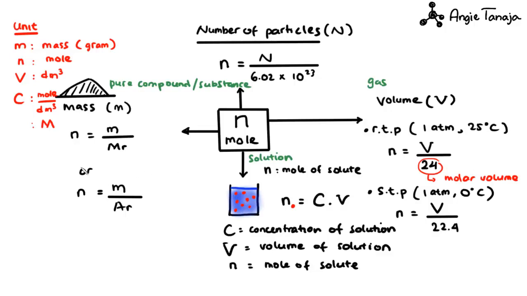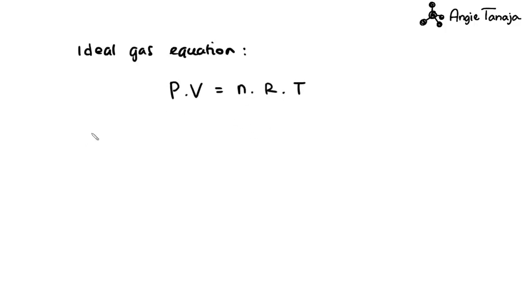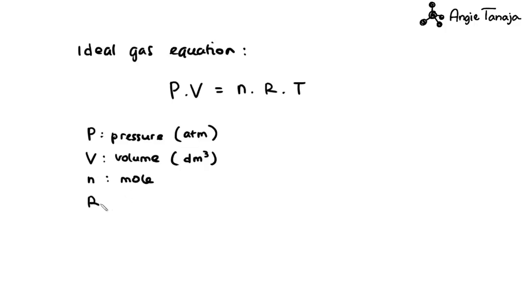You got it from the ideal gas equation, in which P times V is equal to N times R times T, where P is the pressure in atmospheric pressure, V is the volume in decimeter cube, N is the mole, and R is the ideal gas constant, which is equal to 0.082.